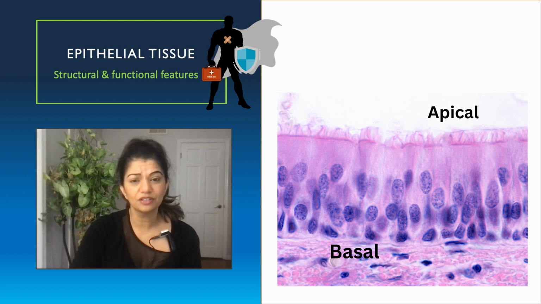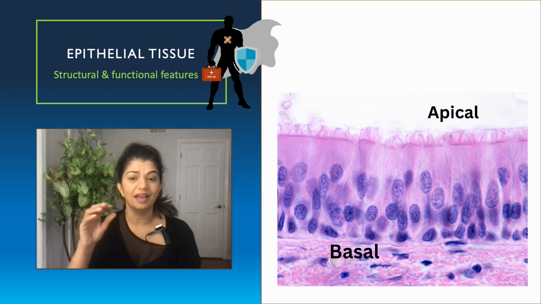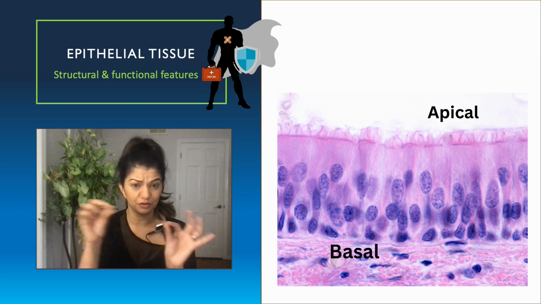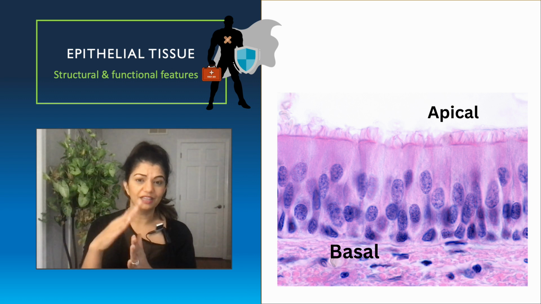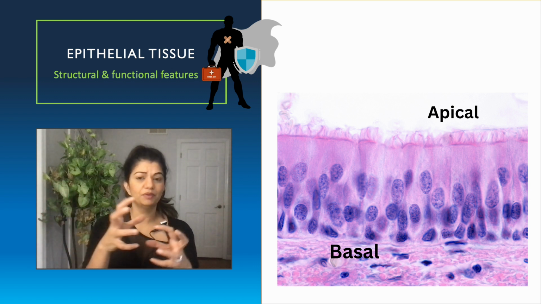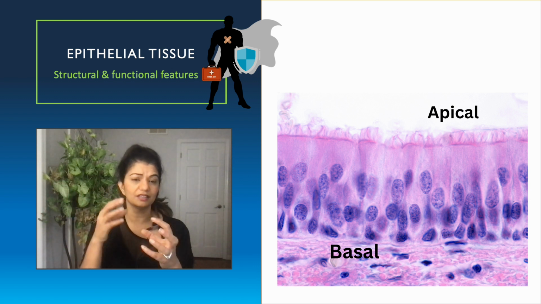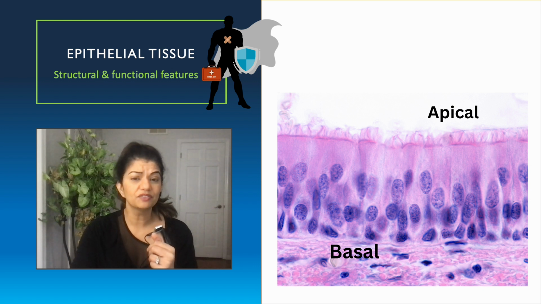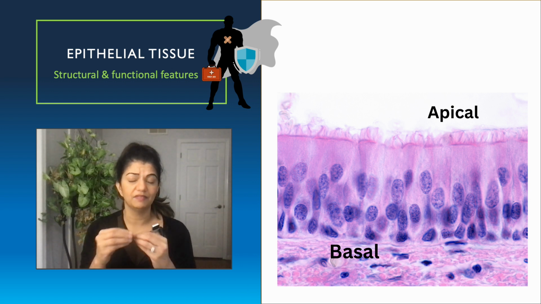There are these microscopic extensions of the apical cell membrane that are supported with these tiny microtubules. And what they do, they sort of beat in unison, and they move fluids as they trap particles, pollutants, dust, whatever. And you'll find these ciliated epithelium in various areas.